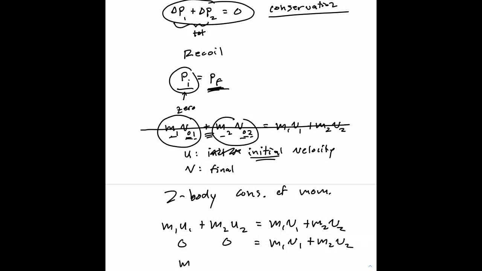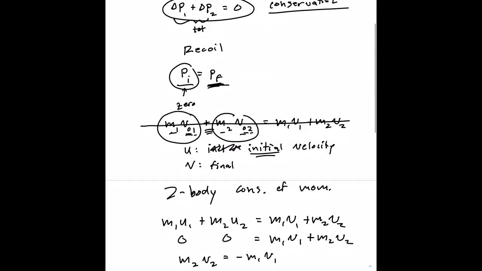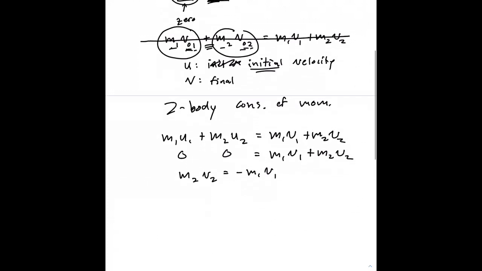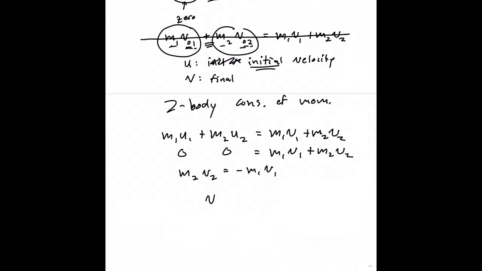So we find that m2v2 has to equal negative m1v1. That means that the velocity of Muhammad after the collision is equal to negative the ratio of their two masses multiplied by the velocity of Elena after the collision.